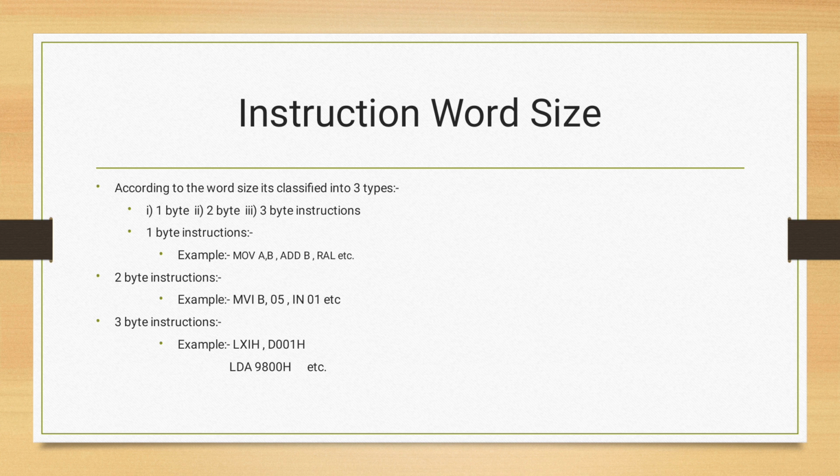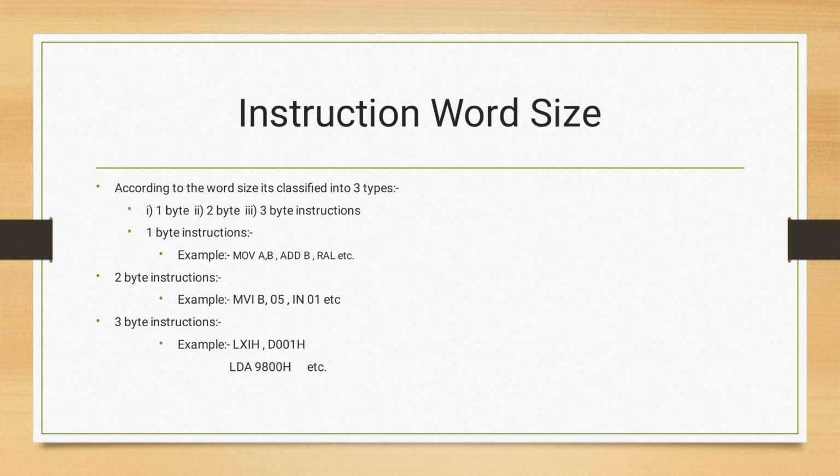Before going to the specific operations of this instruction, in a 3 byte instruction the first byte is the opcode, and the second and third bytes are either 16-bit data or a 16-bit address. So the second and third bytes represent the operand or data, and the first byte represents the opcode.